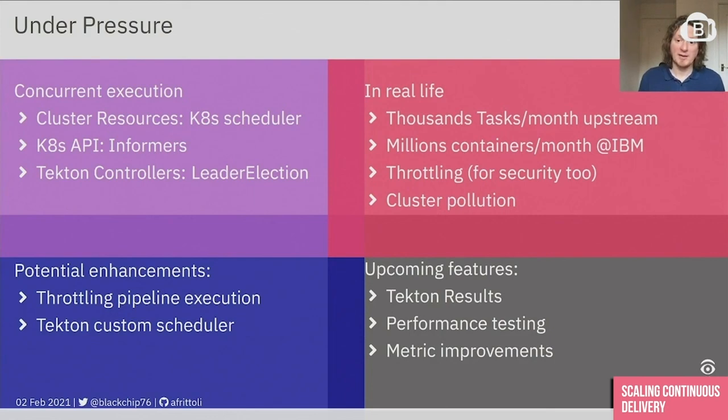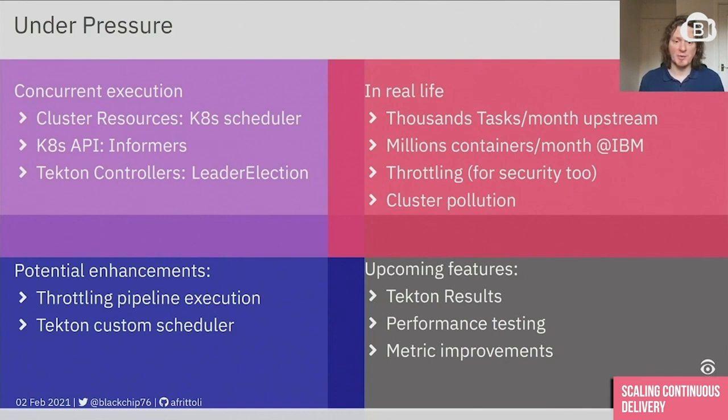In real life, we use Tekton to build and release Tekton, and we run thousands of tasks a month in the community upstream, and that works pretty well. At IBM we also offer Tekton as a service, and there we run millions of containers per month, and that works pretty smoothly. In both cases, though, we have some kind of throttling implemented on top.